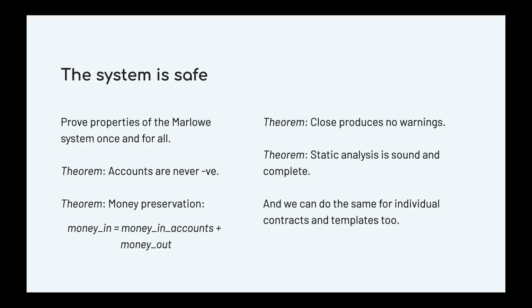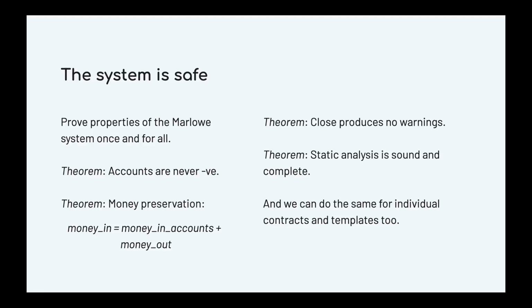That means the static analysis will give us an error warning when the real contract can generate an error warning, and it won't give us an error warning if the real contract can't do that. And one thing that we haven't done, but is again on our roadmap, is we can do these sorts of proofs for individual contracts or individual contract templates too.